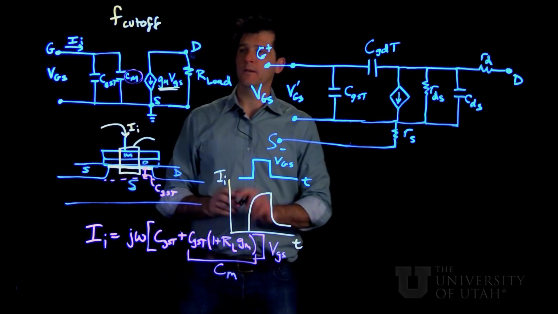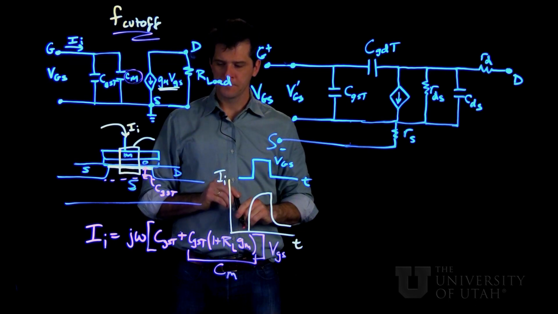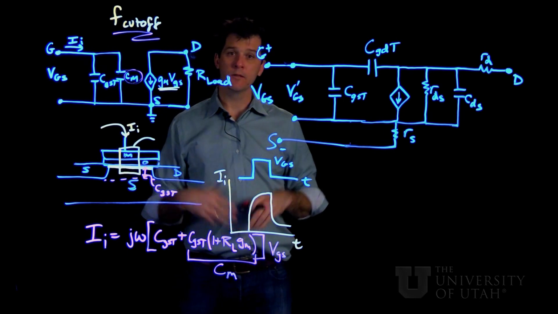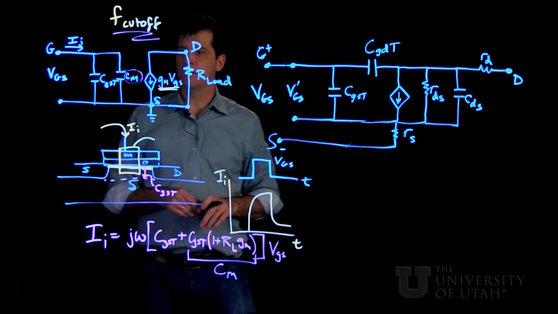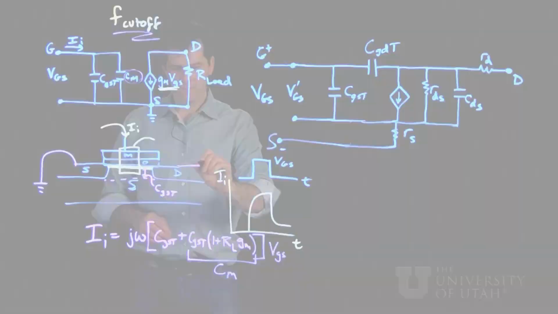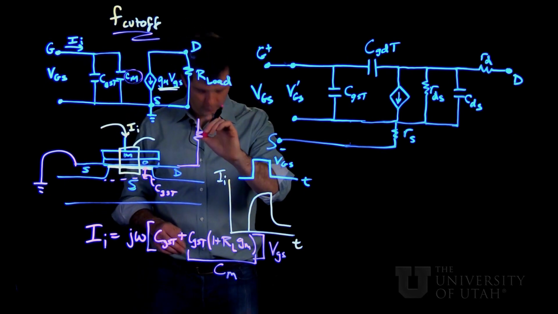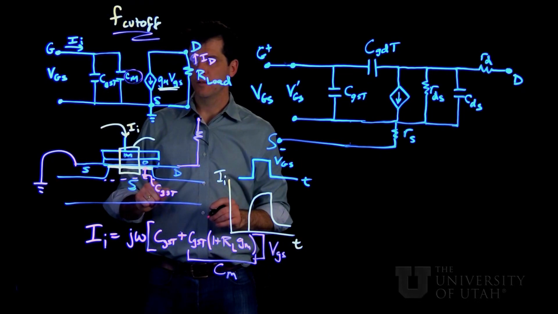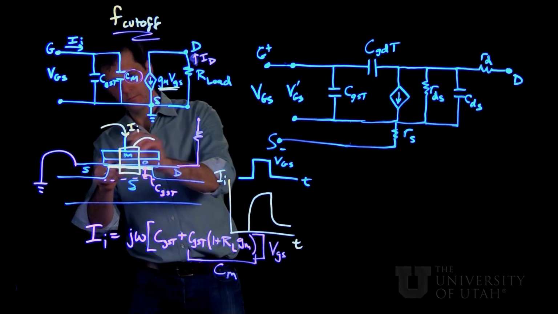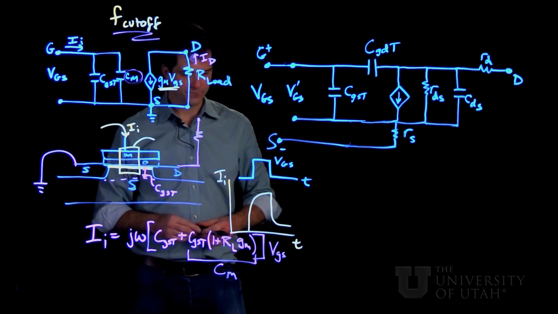So now our condition for when this cutoff frequency occurs is going to be when the transistor can no longer give us any current gain. And in this configuration, this common source configuration, we need to look at the amount of current flowing through the load and compare that to the current which is going into charging up this MOS gate structure.